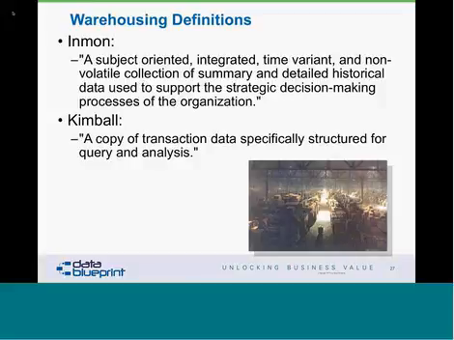Their basic philosophy here is that Bill has put in place a fairly narrow set of constraints where he talks about some very specific characteristics: again, subject orientation, integration, time varying, non-volatile collection of summary and detailed data, whereas Kimball has a looser component of it.